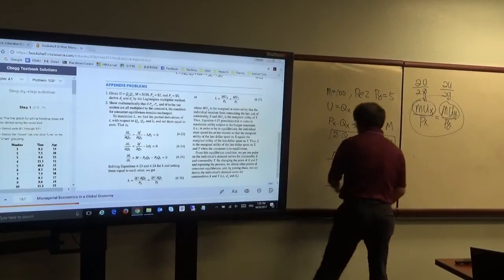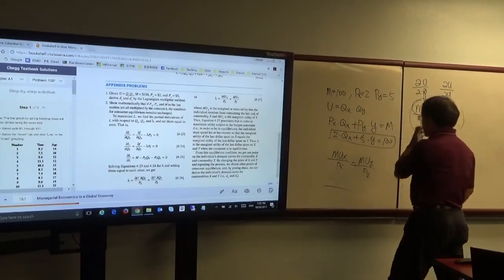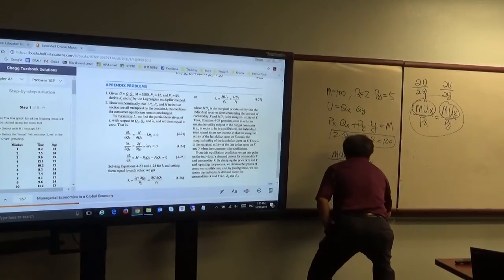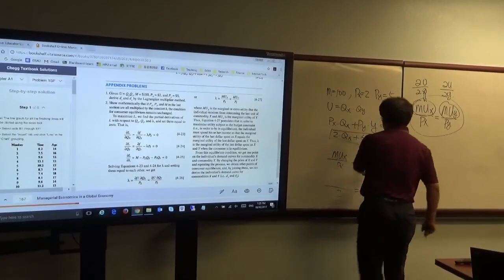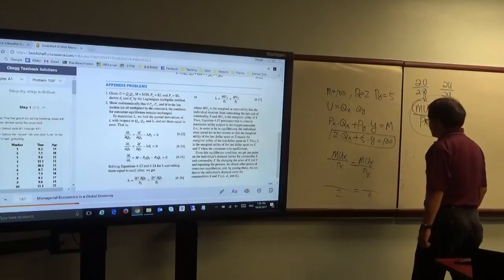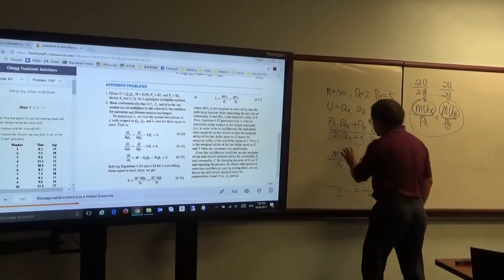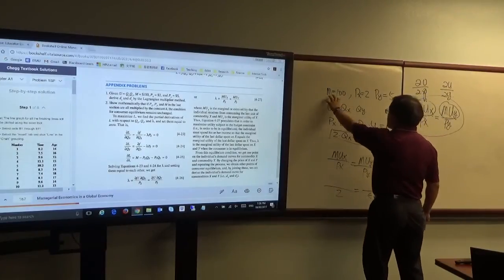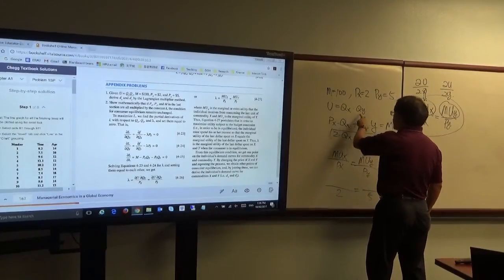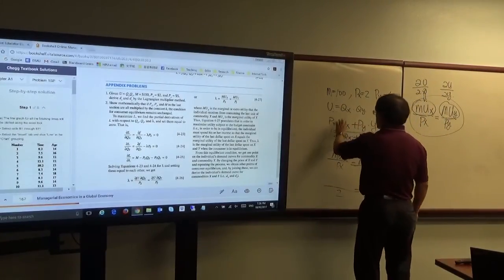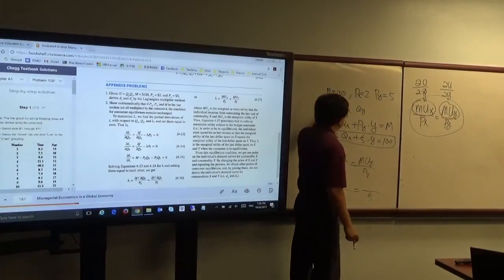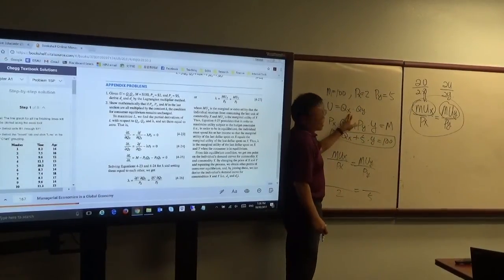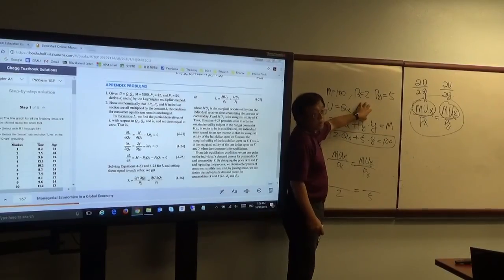Do I have the price of x? $2. And price of y is $5. The key here is, what is marginal utility of x? If the utility function is equal to qx times qy, all you need to do is take a partial du over dx. Then qy is a constant, right?